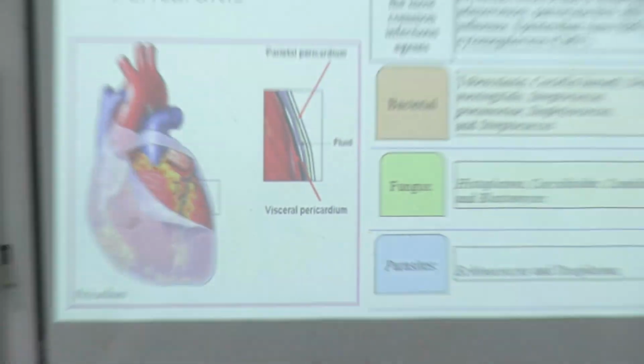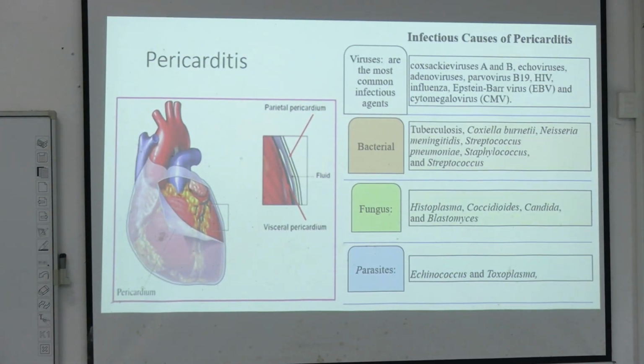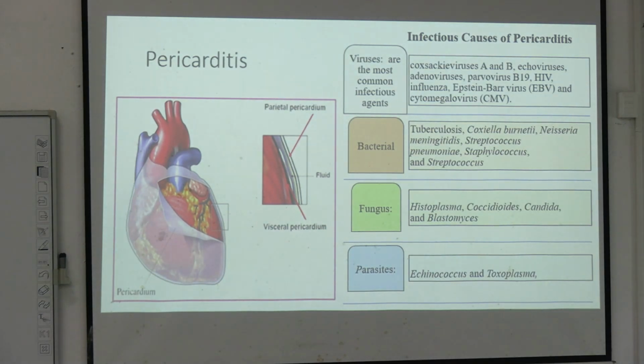Among the viruses, we have most commonly the Coxsackie A and B viruses, echovirus, adenoviruses, parvoviruses, HIV, Epstein-Barr and CMV viruses. These are the common viruses which cause pericarditis. And among them, Coxsackie A and B are very common causes of acute pericarditis.